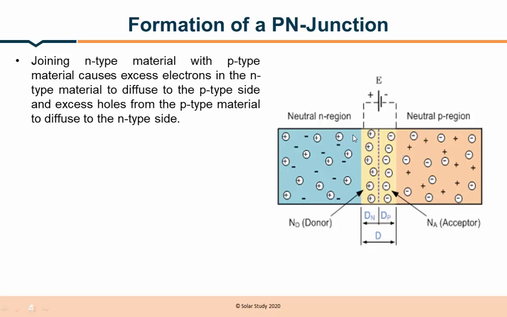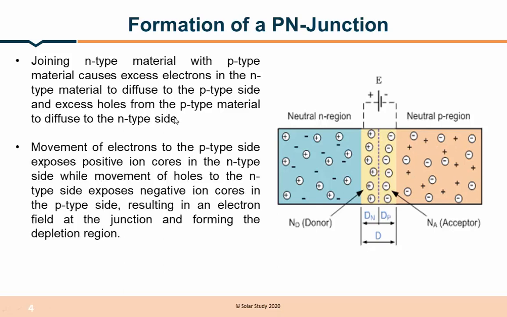When an electron wants to go from positive to negative, it starts from here to here, and it is easy to take recombination. Movement of electrons to the p side exposes positive ion cores, and on the n side, negative ions. So finally the p and n junction is formed. This small part we call the depletion region.